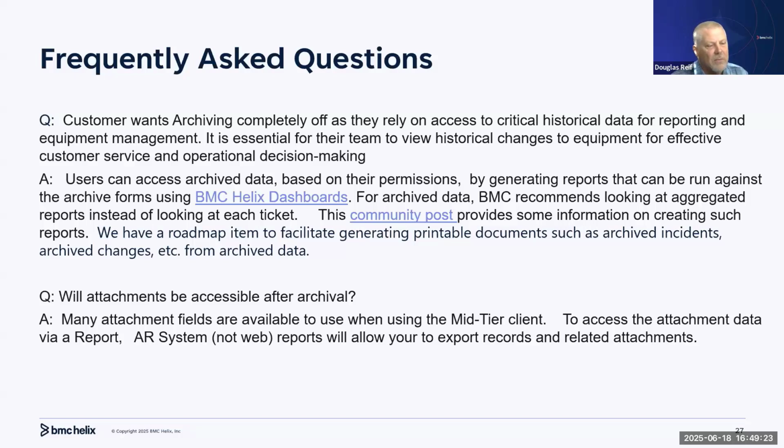You could list the name of the attachment, but how do you actually get to the attachment? Well, the attachment fields are still available if you use the mid-tier client. You can open up the record and open up the attachment within the record. Another thing you can do is an AR system report, not a web report, but an AR system report. That allows you to export the attachment to the file system if you'd like. So those are a couple of ways that you can access the attachments once the data has been archived.